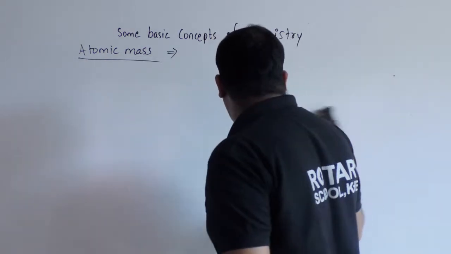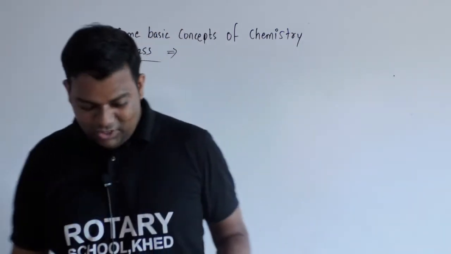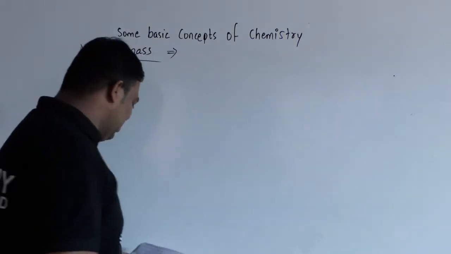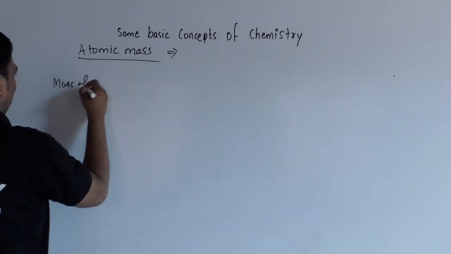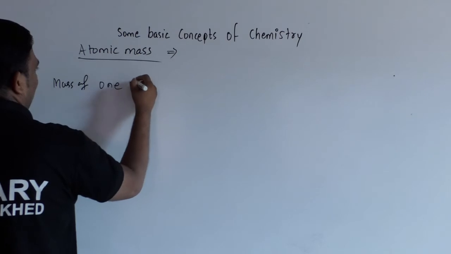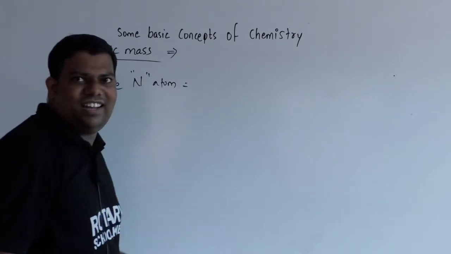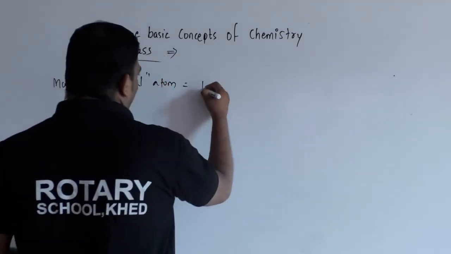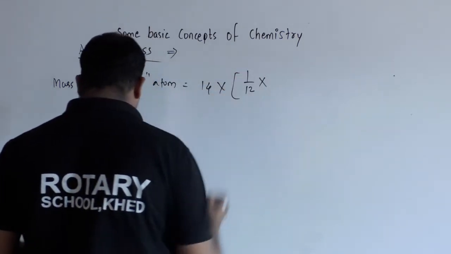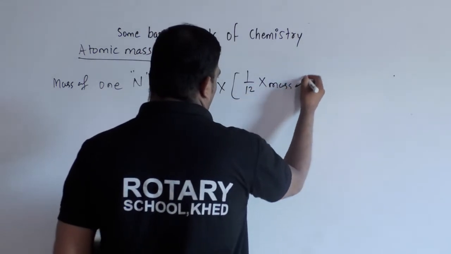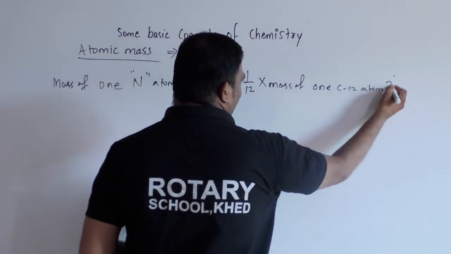Okay, atomic mass. So see here, suppose I want to write the mass of one nitrogen atom. So how will I write? I will write 14 into 1/12 into the mass of one C12 atom.